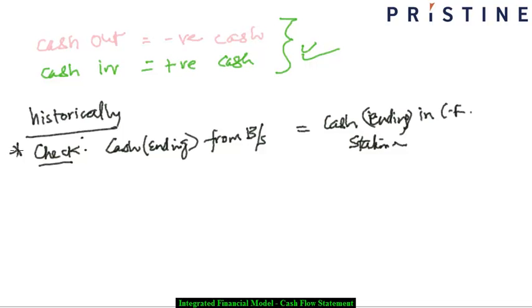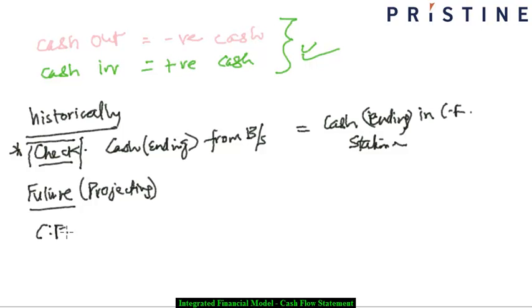Right? There's a golden rule that we always need to check, right? Unless your cash is matching, your cash flow statement and the statements that you have created make no sense at all. But in future, where you are projecting these numbers, this check would not make sense, because what you're going to do now is from your cash flow statement, you're going to plug this cash back into the balance sheet.